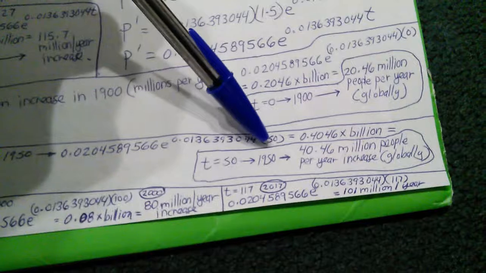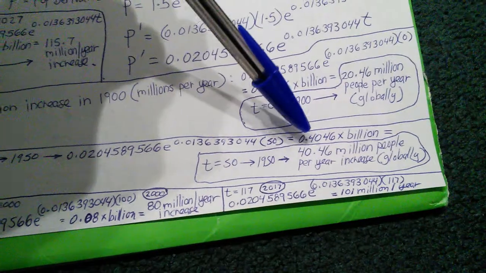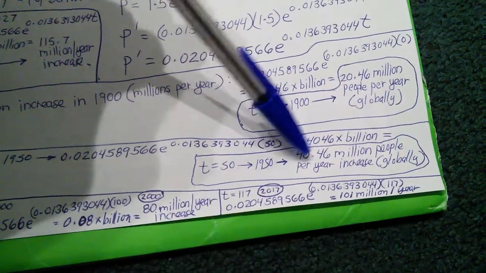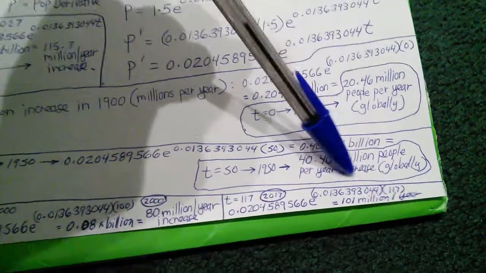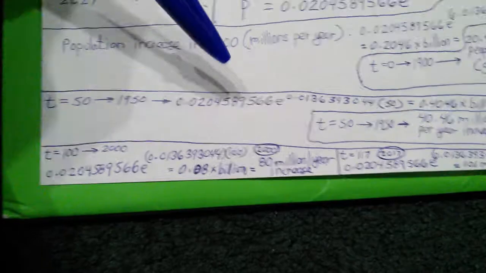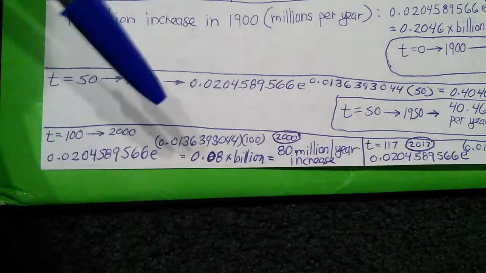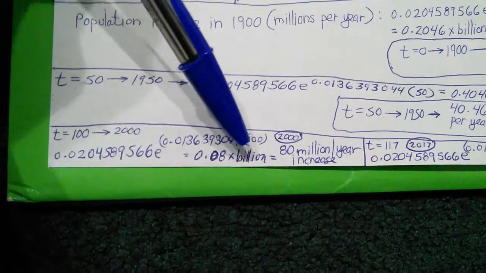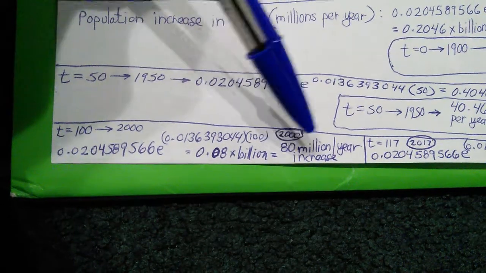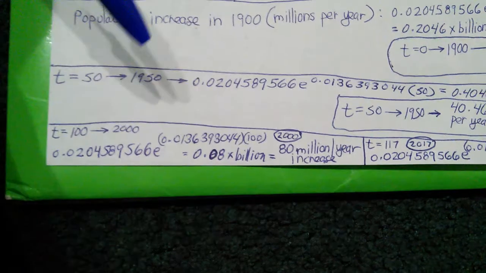Same computation, except we put 50 in for t. We calculate 40.46 million people increasing per year in 1950. Then in year 2000, same application, except t is equal to 100. We have 80 million people increasing per year in the year 2000.